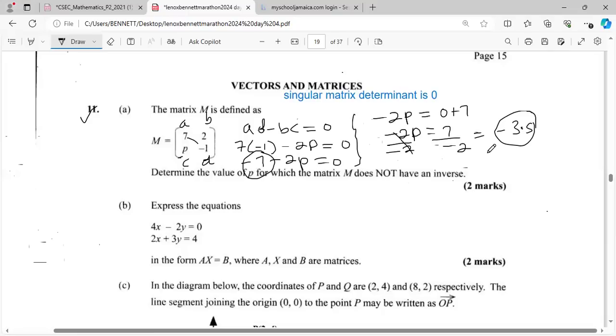That's how you test it. You plug in the value and see what you get. So in the exam, guys, just check it, because sometimes you can make a little mistake with one of the signs and it throws off your answer. So if you put P equal to negative 3.5, we would get 0.